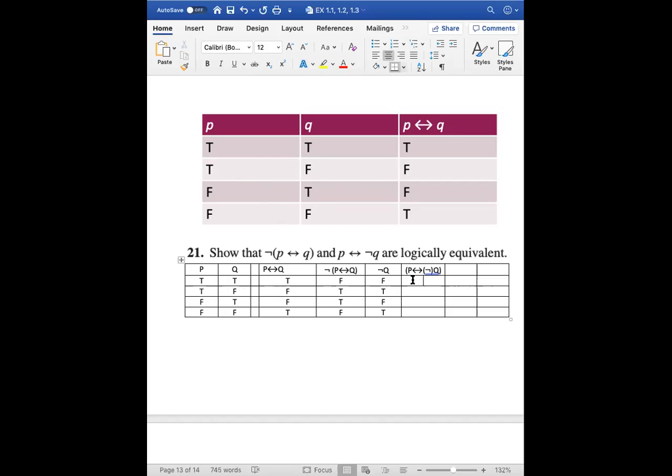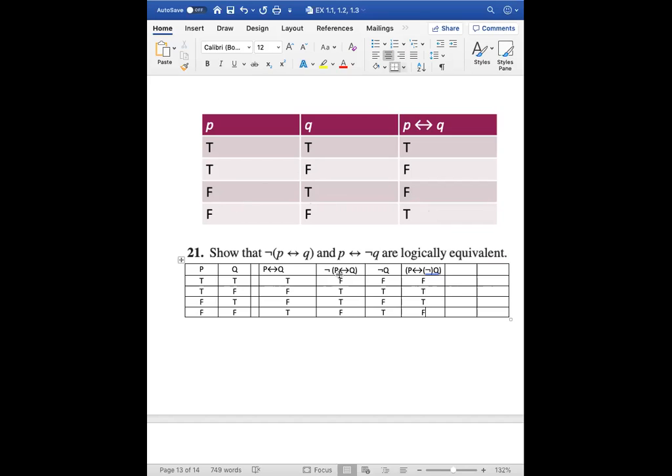We can use the truth table above to verify. Then we have false and true, which is true. Then we have false and false, so false, false is true. And then we have this true and this false, which gives us false.